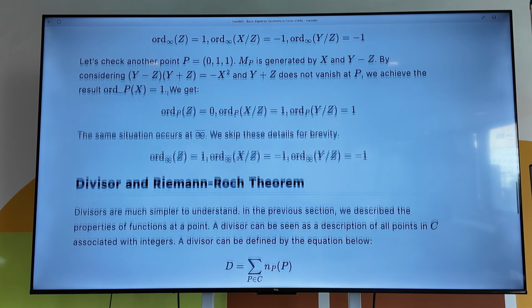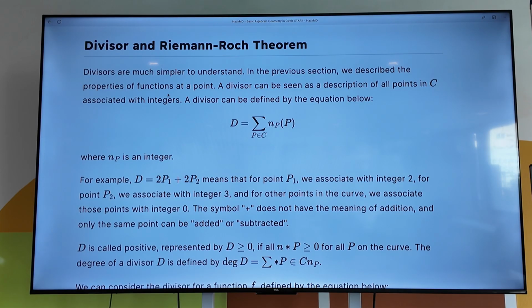So okay, the final part is the divisor. A divisor is just a relationship between integers and points. The order function shows how to divide the polynomials, because we have many polynomials but we just want a subset of them.